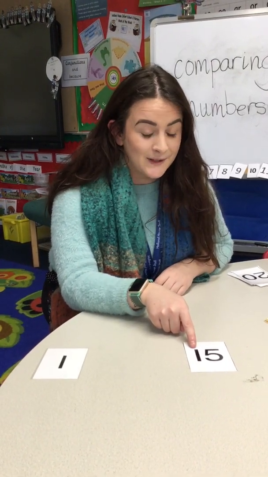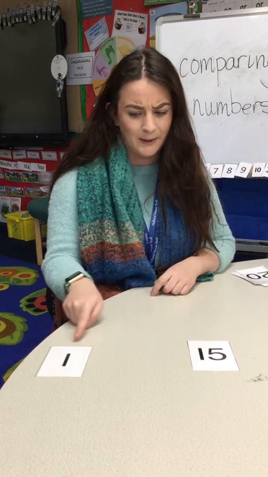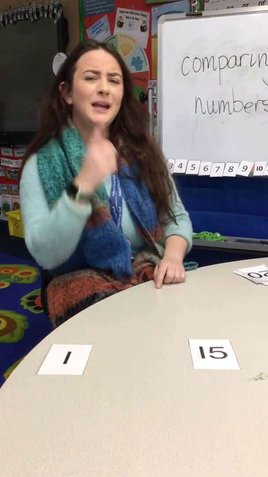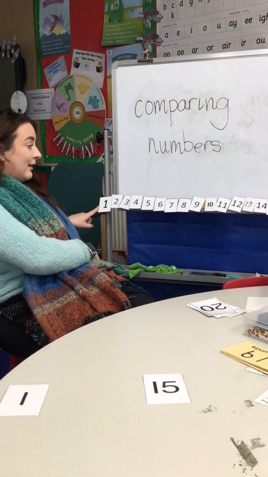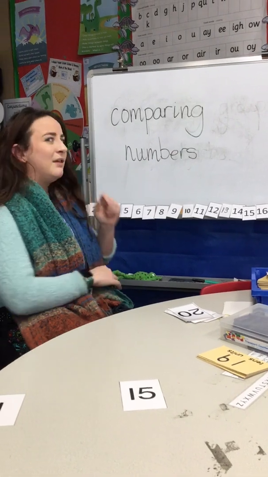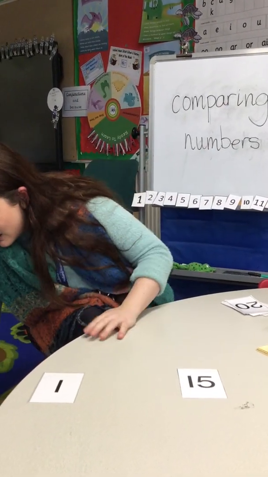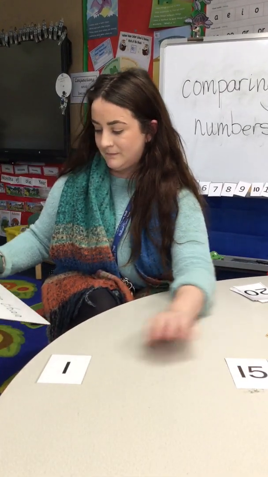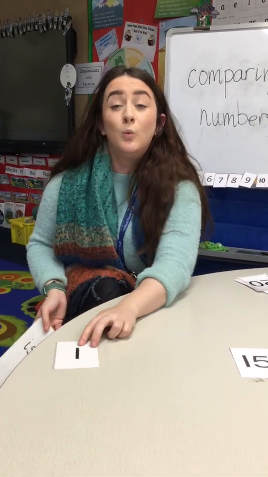There's 1 10 in this one and there's 5 units. That means it's got to be bigger than that number. Let me have a look at my number line just to check. 1 is here and 15 is all the way over here. That must mean that 15 is the biggest number. It is the bigger one.